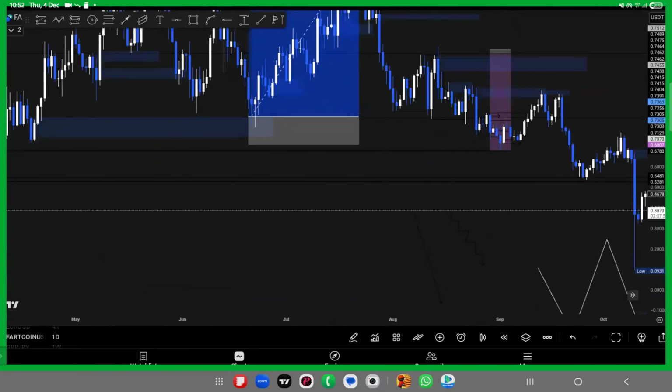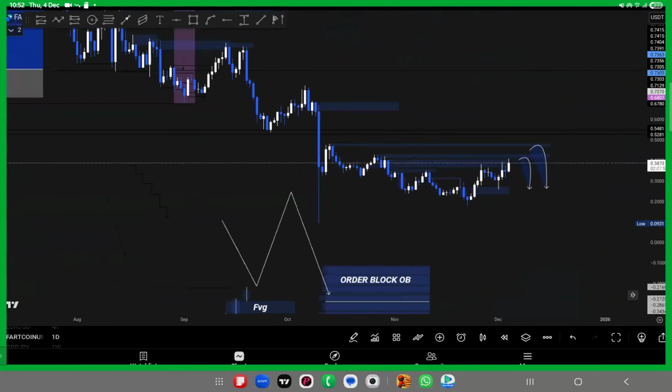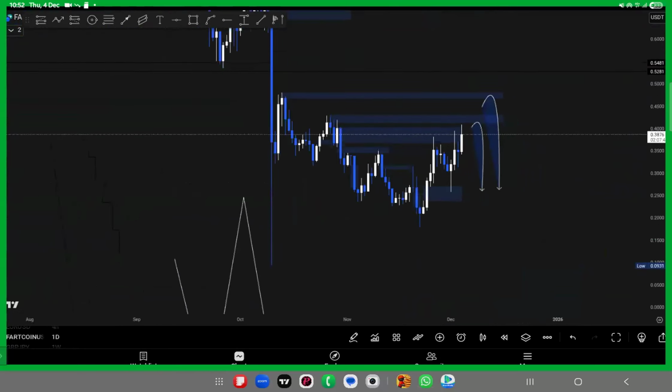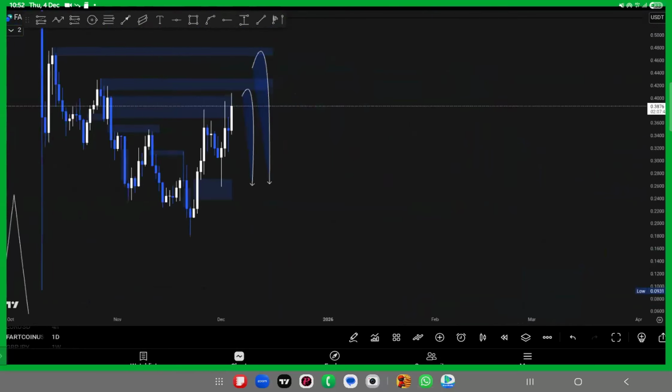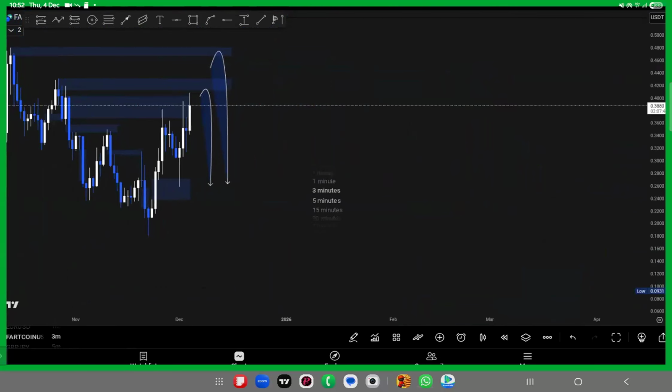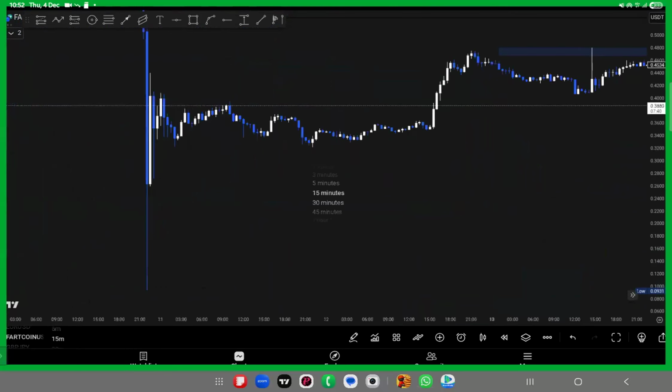Now we most likely want to go back to the lower time frame to show you guys how these things actually work, so that we will see some practical examples. Let me see if I can use the 15-minute time frame, probably better.